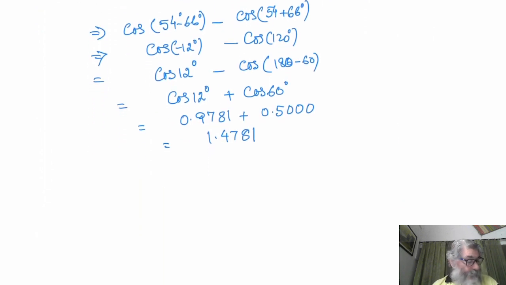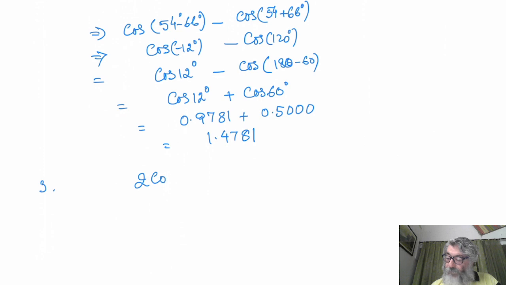Now let us see 2 cos 5 theta cos 3 theta. Now what happens is that again it will be the formula for cos, because either both cos will come or both sine.